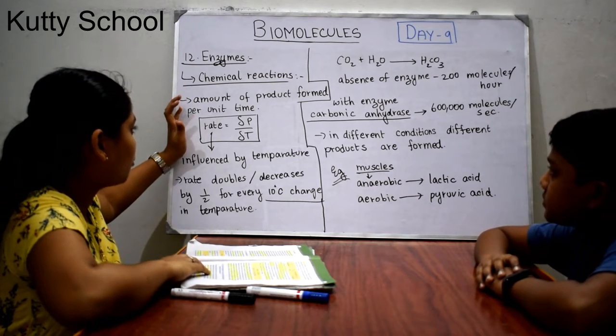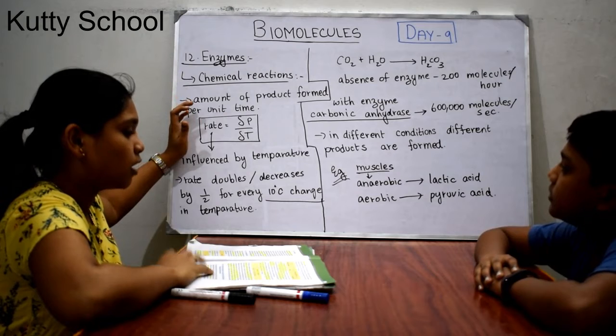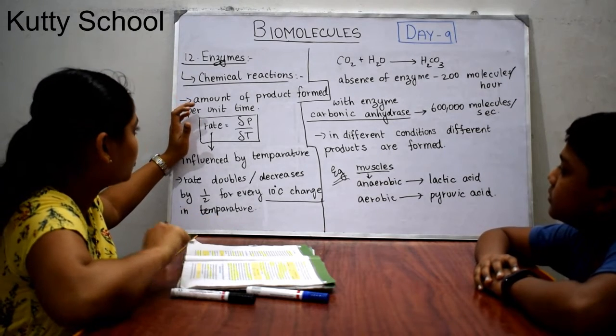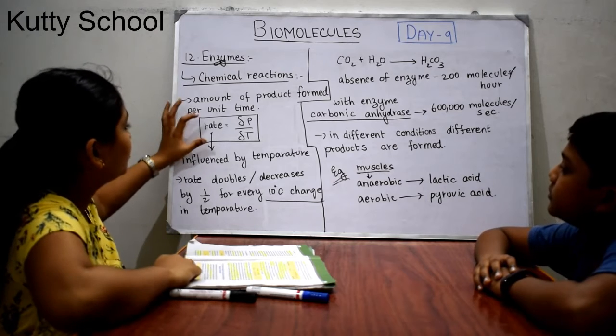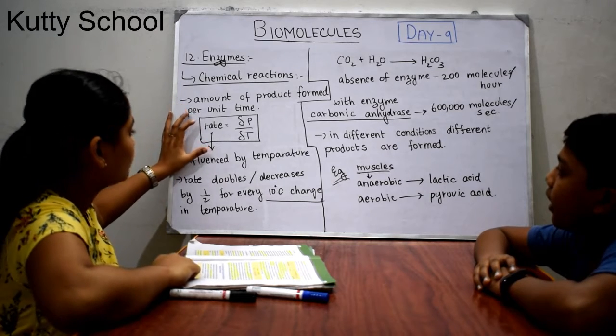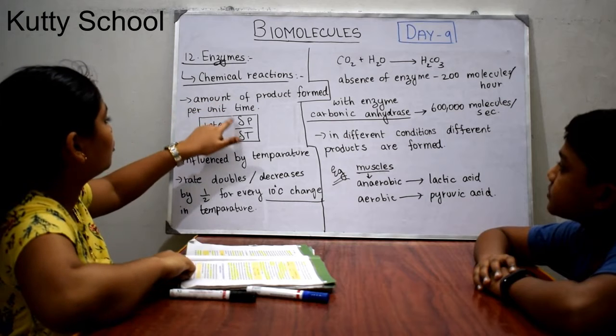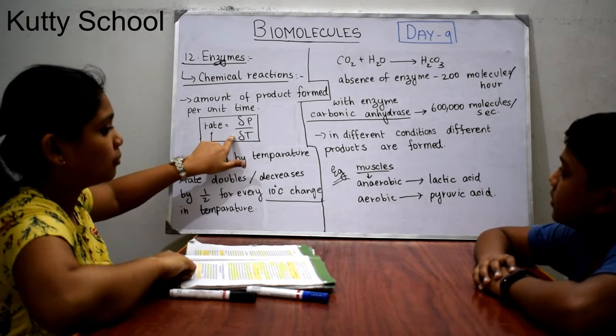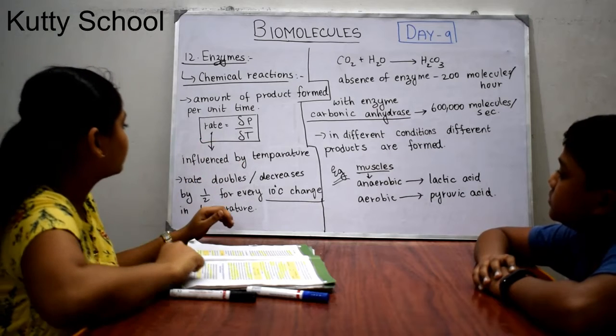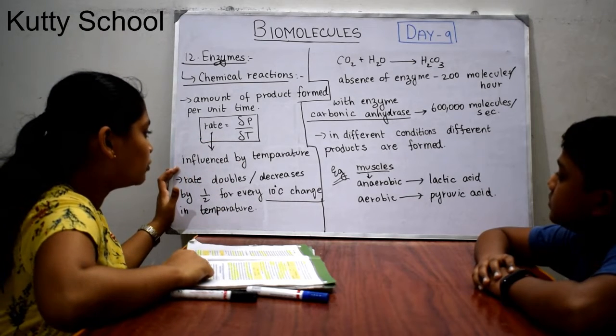The amount of product formed per unit time, generally taken as a second, is known as the rate. So rate is equal to the total amount of product formed per total time. It is highly influenced by temperature.